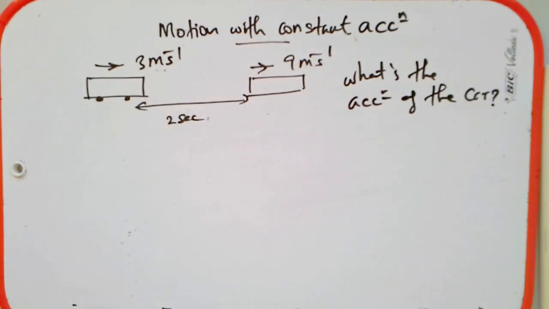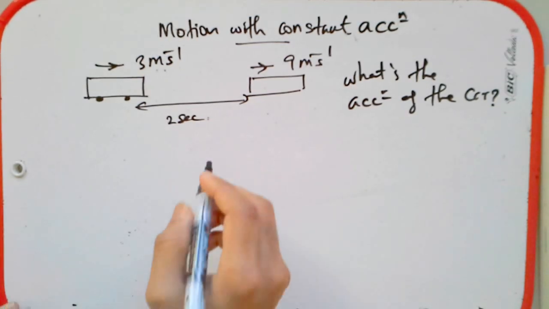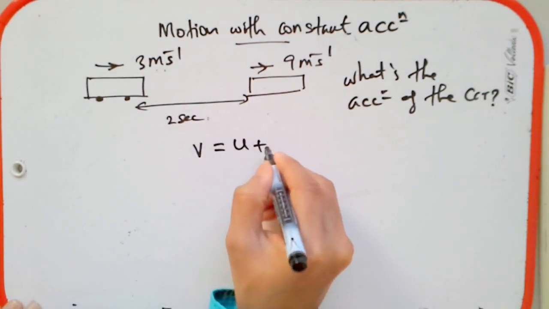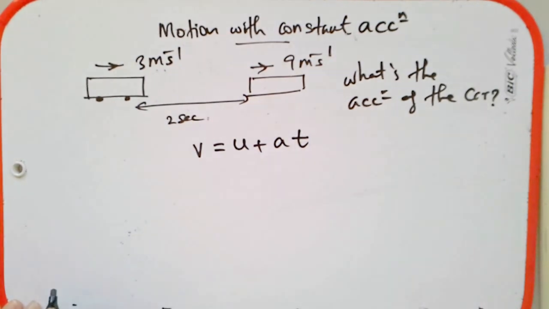So what is the acceleration of the car? Here we say the acceleration is constant acceleration. This is our assumption. So how do you do this? We can use v equal to u plus at.